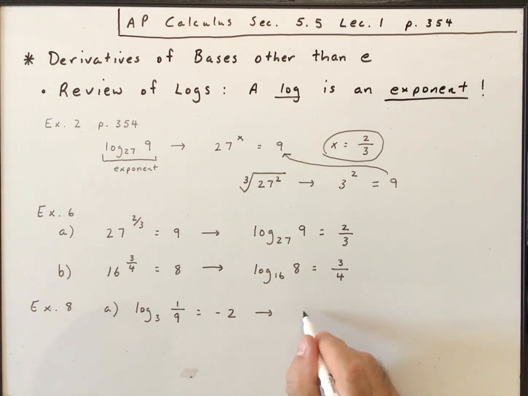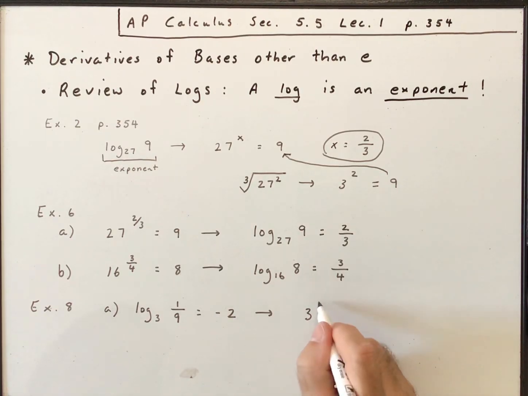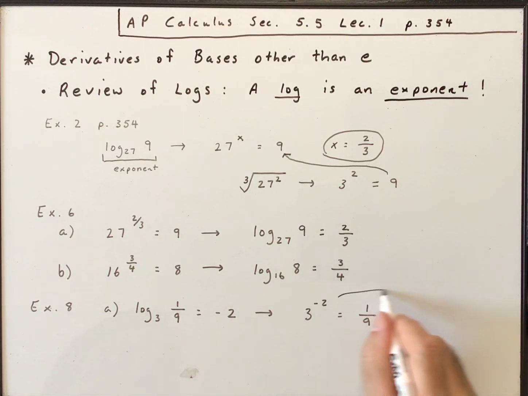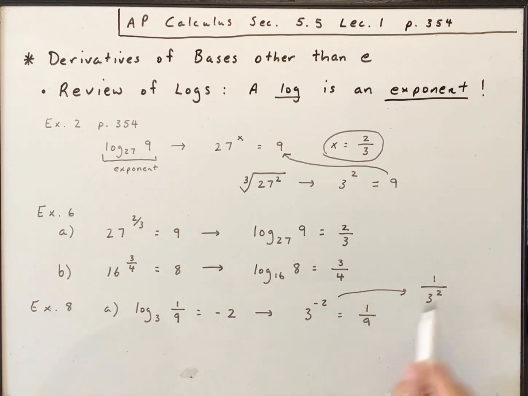The base is 3. The exponent is -2. Remember, it's by itself with the equal sign, so 3 to the -2 is equal to 1/9. Remember, negative exponents, this is the same as 1 over 3 squared, right? You can put a 1 over that expression and change the sign of the exponent. So 1 over 3 squared, we know that's 1/9.